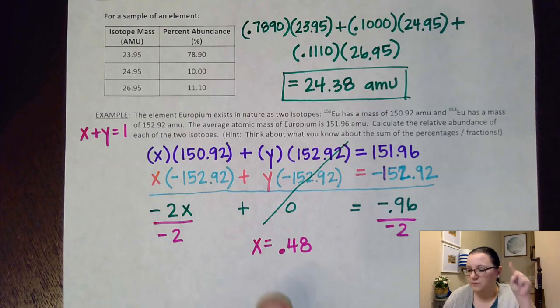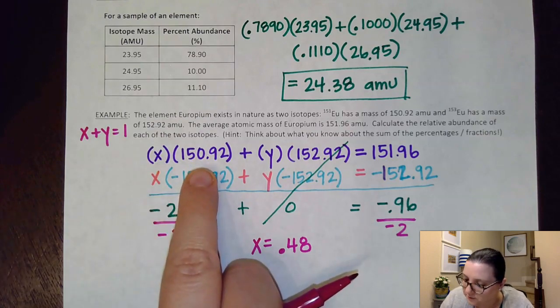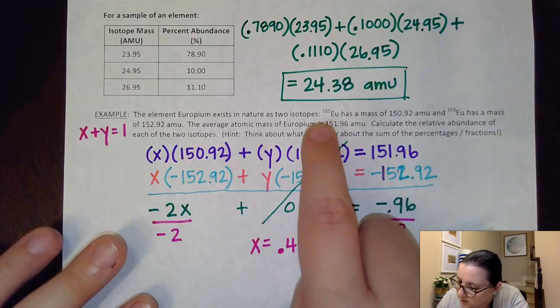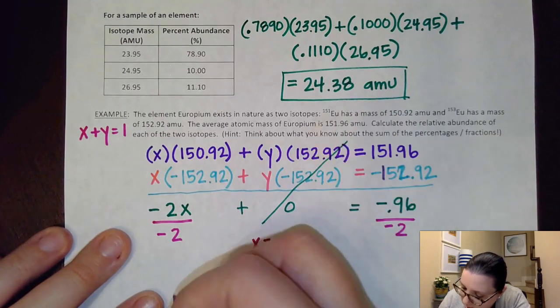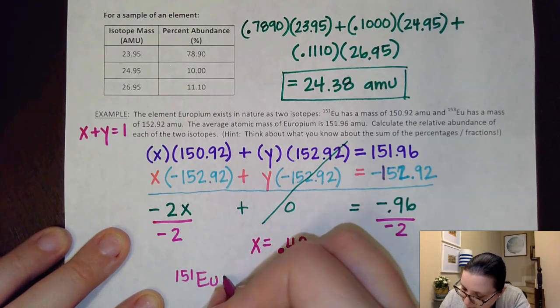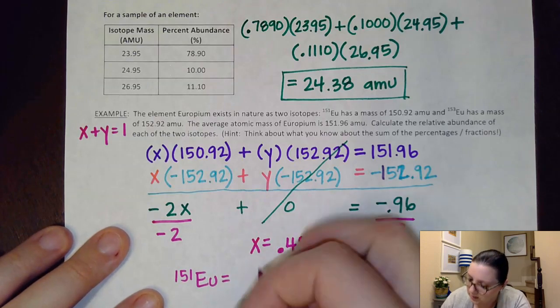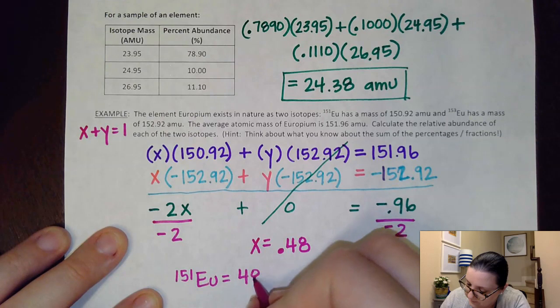I have to be really careful and make sure that I put this with the correct isotope. I had x with the isotope that had a mass of 150.92, which was the europium 151. So that means the europium 151 has this as its fraction, which in a percent, moving that decimal over 2 places, would give us 48%.